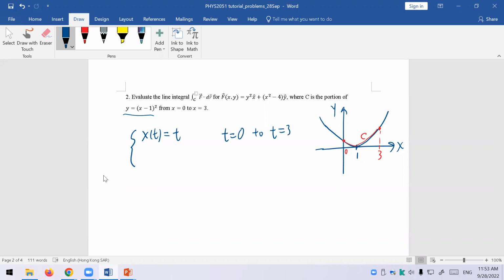So this time the y of t is t minus 1 squared, right? So then my dr dt would be x hat plus t minus 1 y hat.